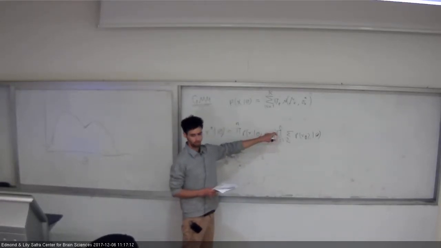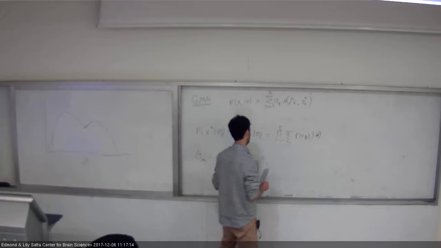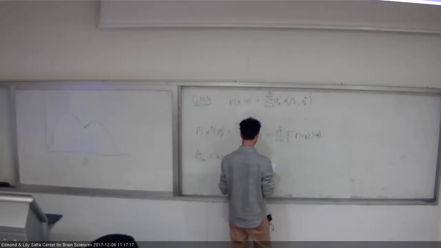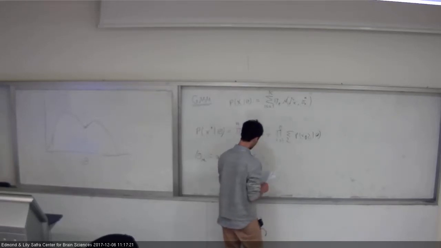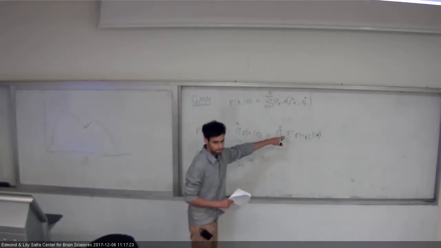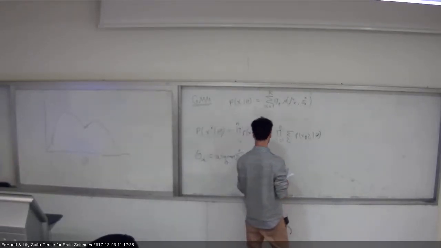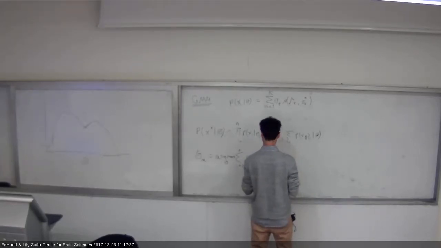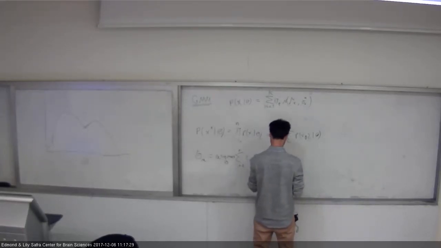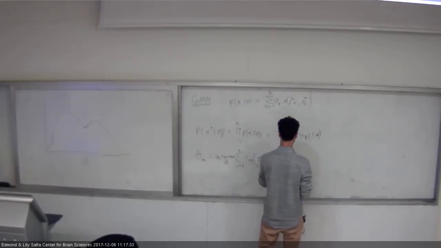Because we have a log, it becomes the sum over all the n as before, but inside the log we have this sum over all the z of p of x_i, z_i given theta.